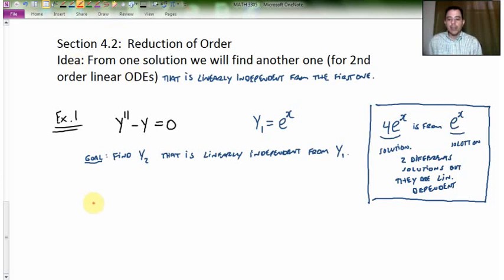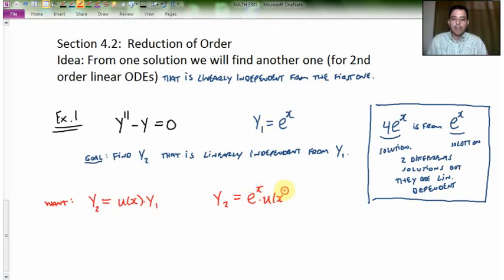Here's the trick, how to find the second one that is linearly independent from the first one. You're going to write y2 as a function u times the first one. In this particular example, y1 is e to the x, so y2 would be e to the x times u of x.